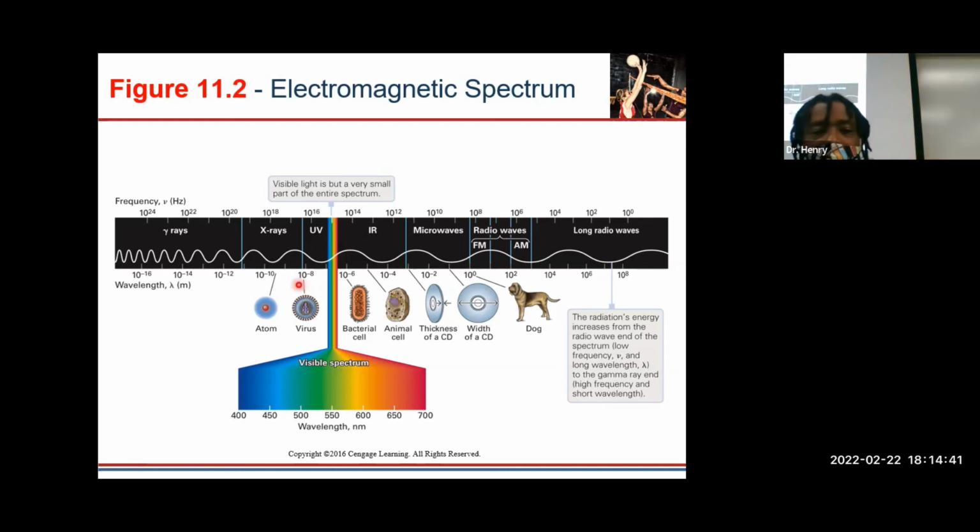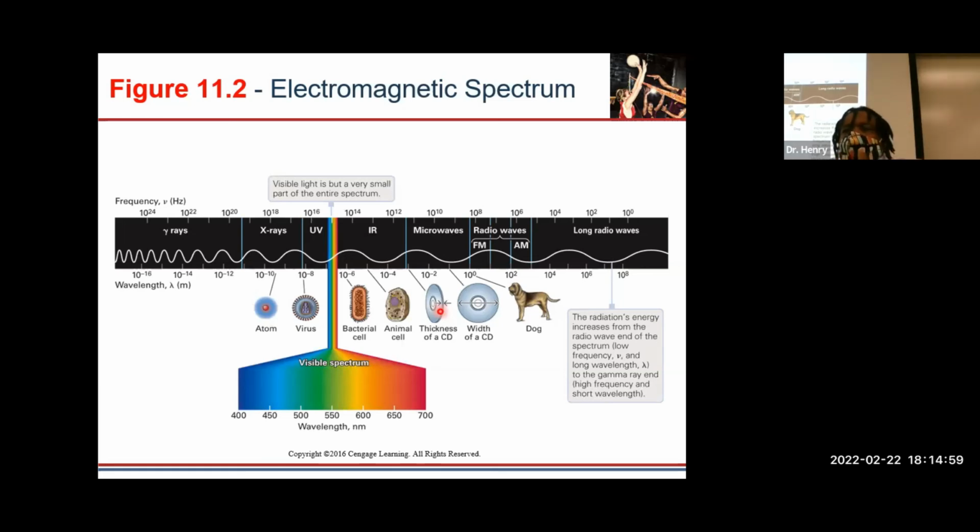Okay, so we have infrared light. You're familiar with infrared light, right? That's about in this range, about the size of a bacterium or animal cells. We have microwaves, which are about the width of a CD.